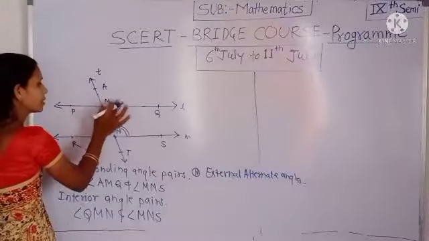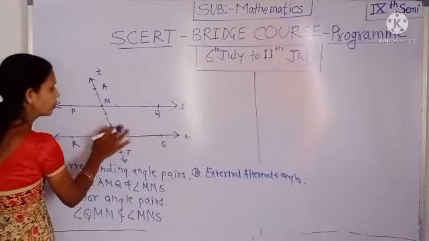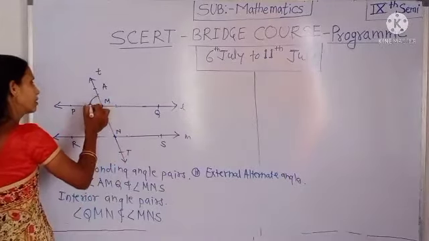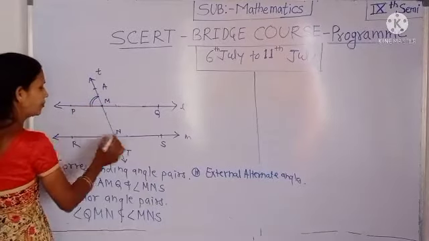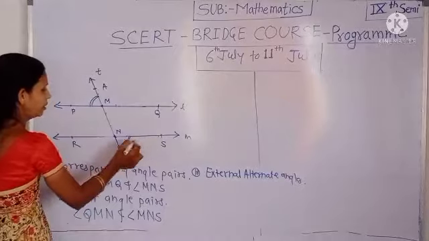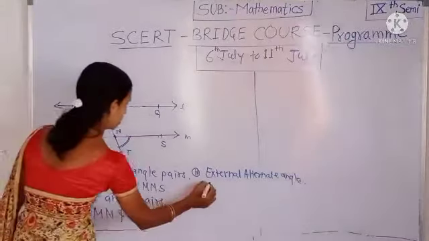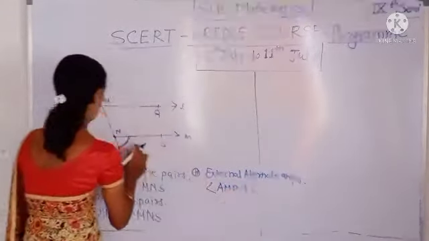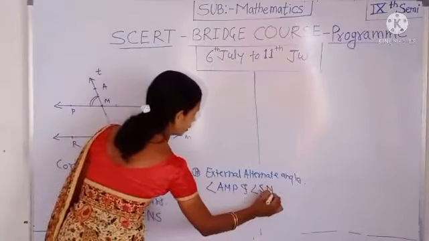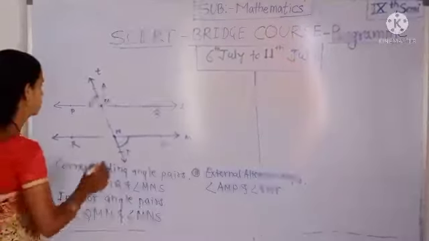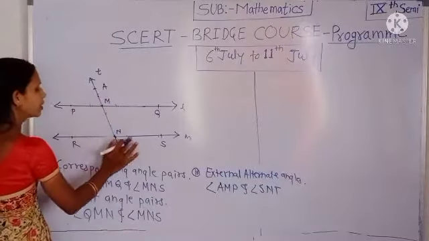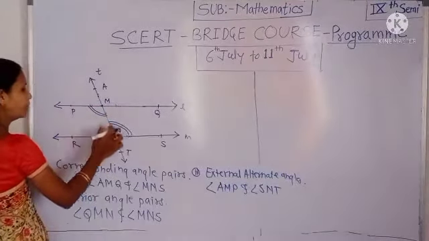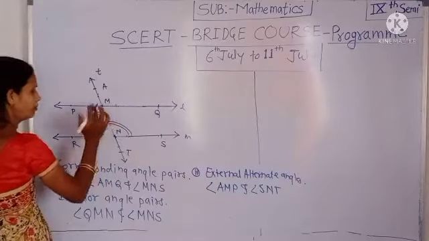The alternate angles are of two types: external alternate angles and internal alternate angles. Here angle AMP and angle PNS, angle AMP and angle SNT are the external alternate angle pairs. And the internal alternate angle pairs are angle PMN and angle SNM.